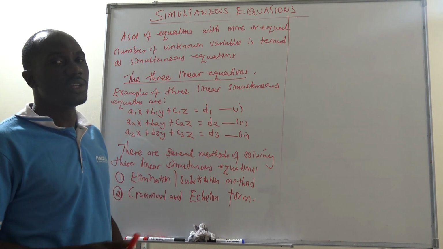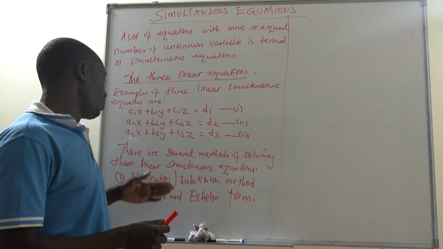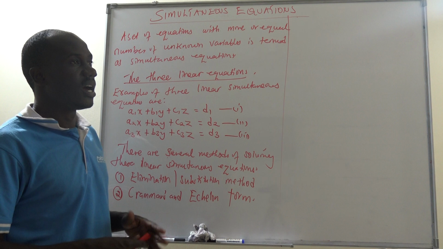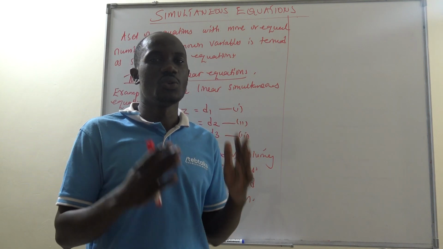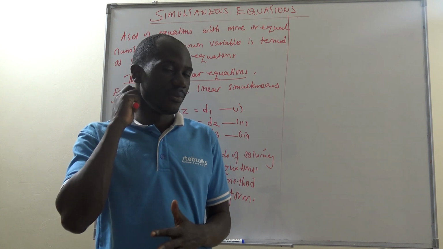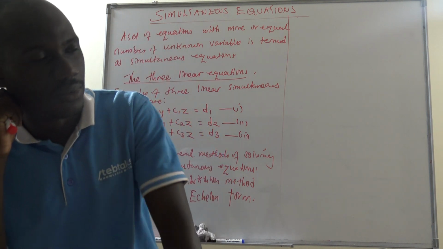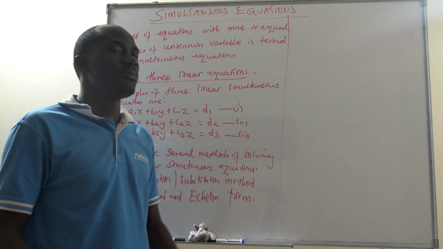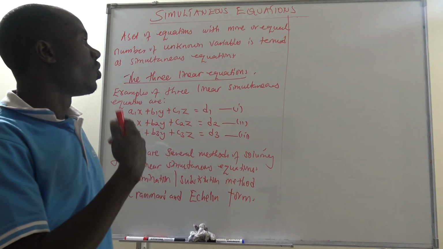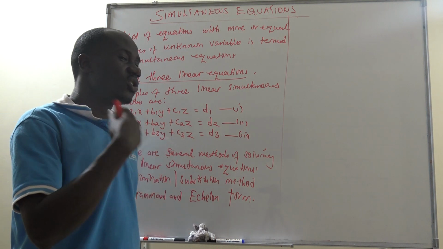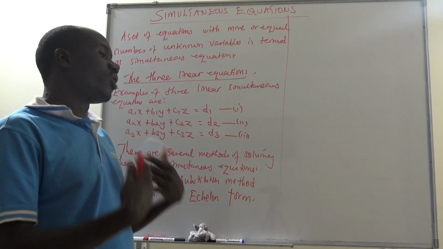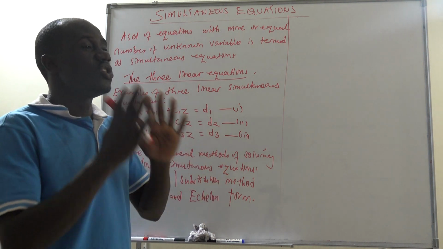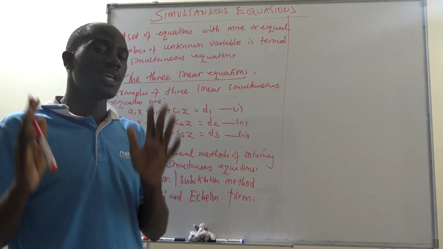What is common here is that we normally use elimination and echelon form. A question will come and say, use echelon form reduction to matrix form to solve the following simultaneous equations. Or it may say, use the elimination to solve the simultaneous equations. Or a question may just say, solve the simultaneous equations.